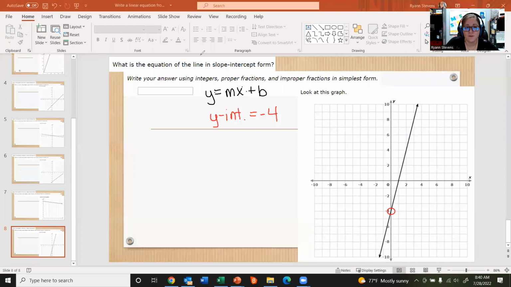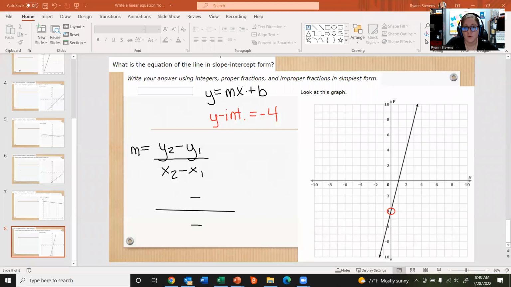M equals y sub 2 minus y sub 1, or the change in y over the change in x. And then I'm just going to set this up down here so we can plug in those numbers.